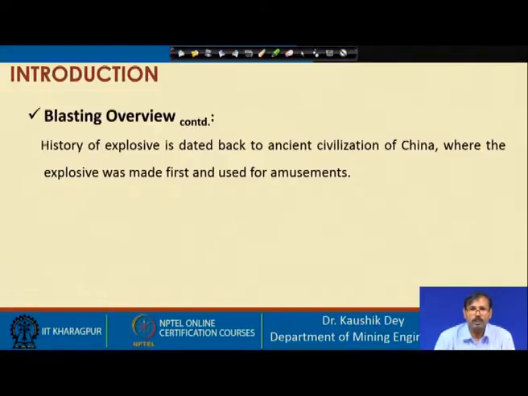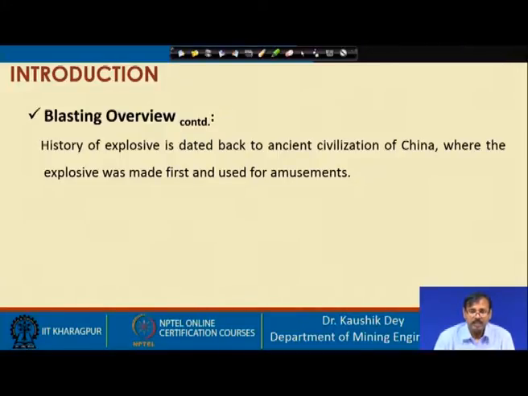The explosive we use as crackers etc. was developed in ancient China for their amusement, and that was the only explosive since the middle ages. Later those formulas were stolen by European people and used in Europe for a long time, and further development of explosives occurred in Europe, USA, Australia etc.